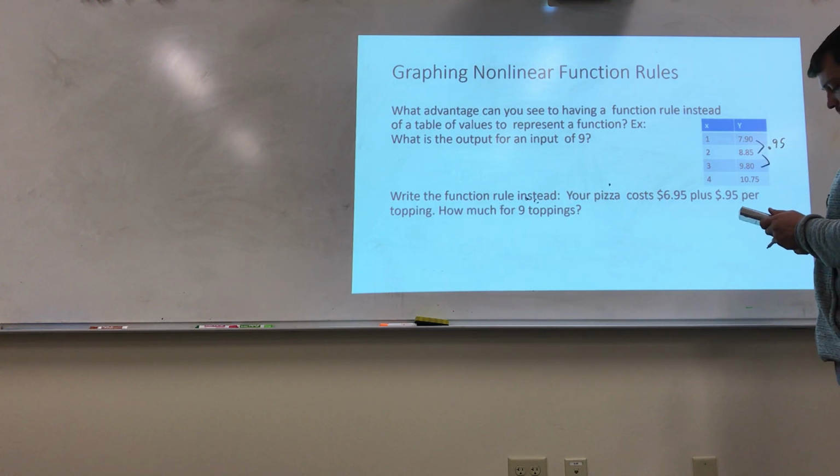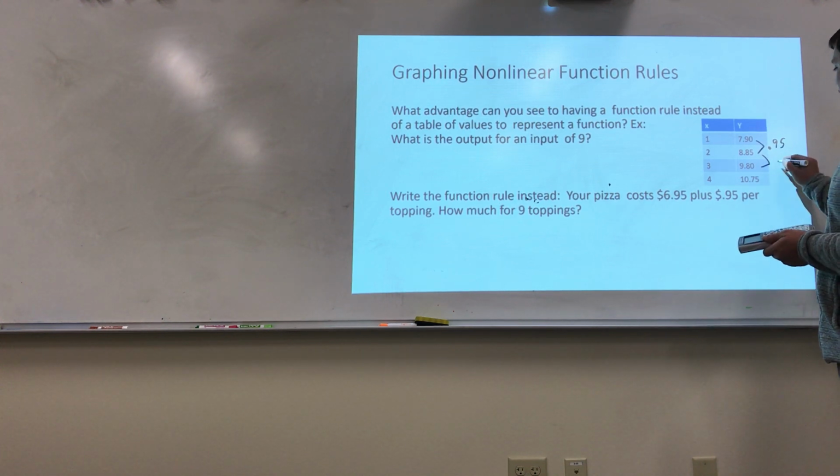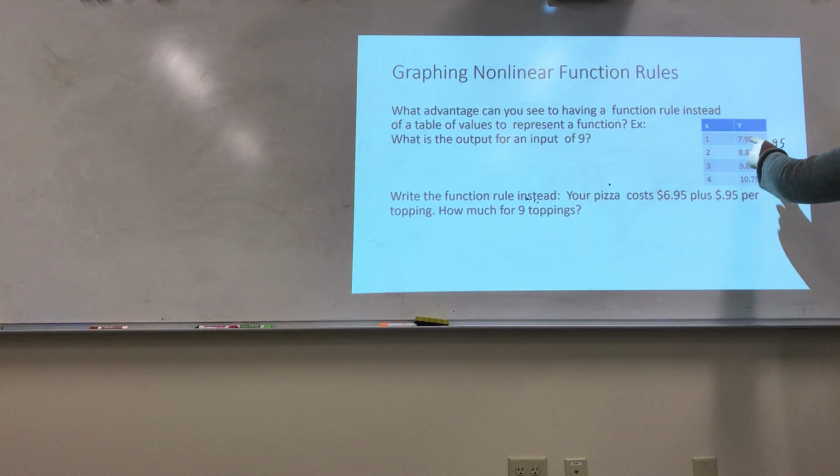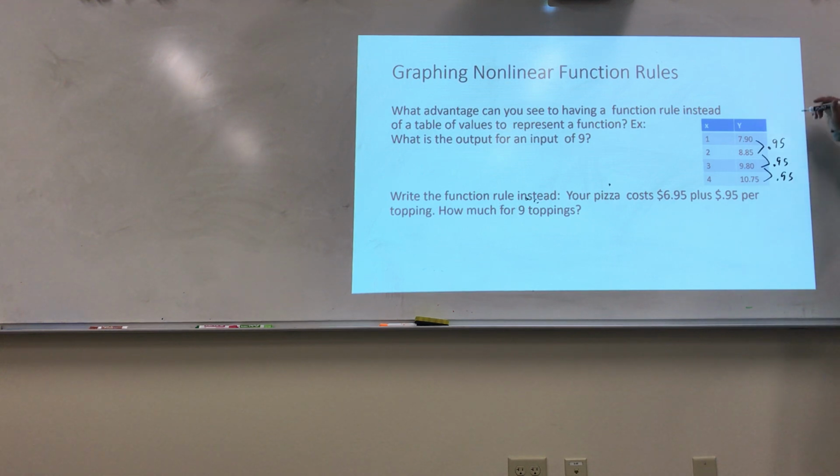Do this one, you get 95 cents. Do this one, you're going to get 95 cents. So every time, from here to here, I subtracted one backwards to find the difference every time. Every time from here to here, we actually added 95 cents. There's a 95 cents difference here.